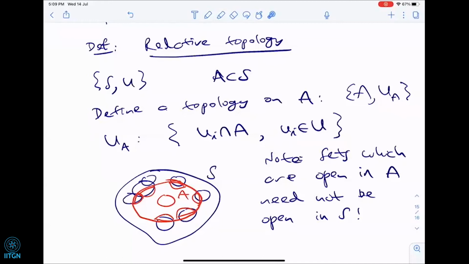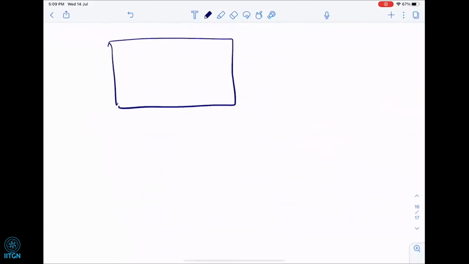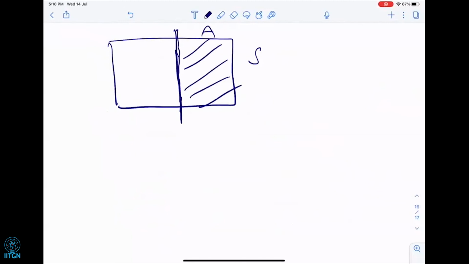You can have some fun with this if you want an interesting example, which is not in the book actually. Supposing my S was the whole plane and my A was just the right half plane with a boundary here. And suppose it included this boundary. Then open sets of S, as we know, can be provided by a basis of disks. So I can have open disks and all the intersections.